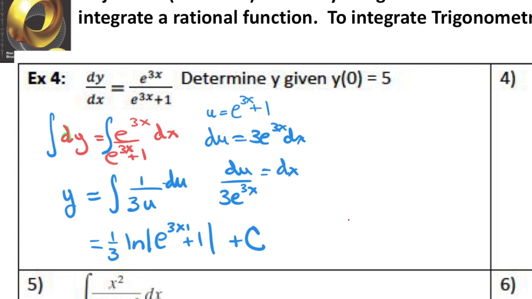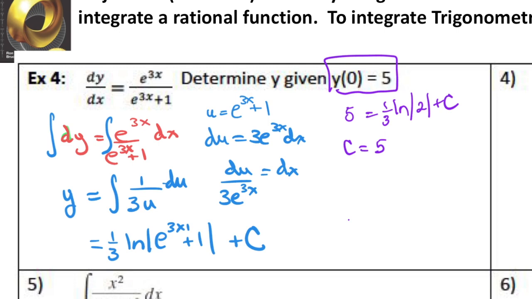Now that we know our function, we can use y at 0 is equal to 5 to find the c value. So 5 equals your 1/3 natural log of the absolute value, e to the 0, which is 1, plus 1 is 2, plus c. We don't need that absolute value since 2 is positive. So c equals 5 minus 1/3 the natural log of 2.